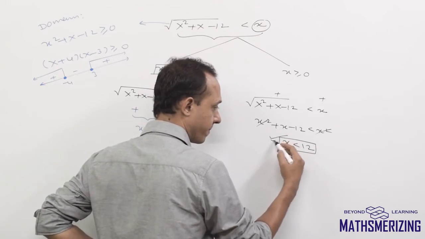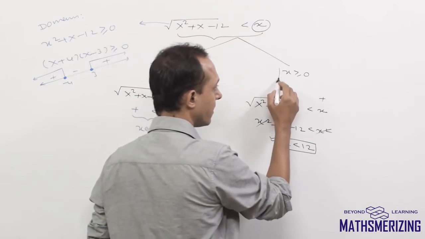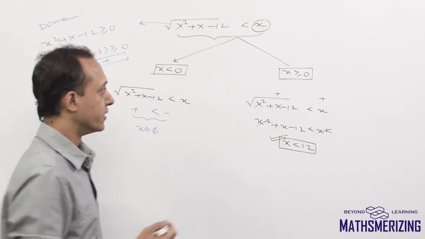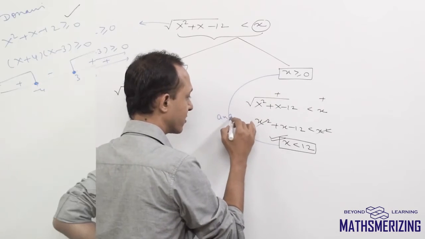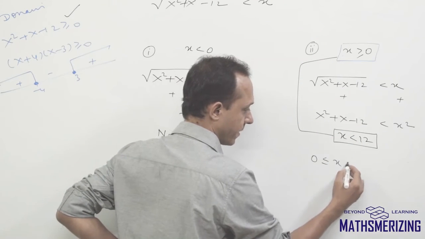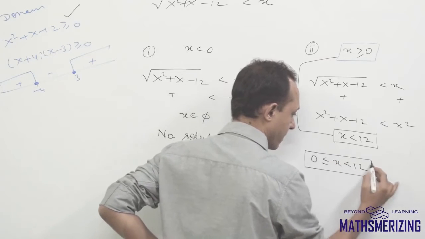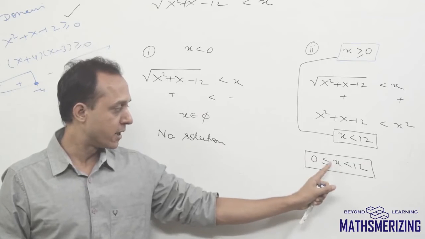This result has come with the condition that x is greater than or equal to 0, so these two conditions must be simultaneously true. The value of x should be greater than or equal to 0 but less than 12.